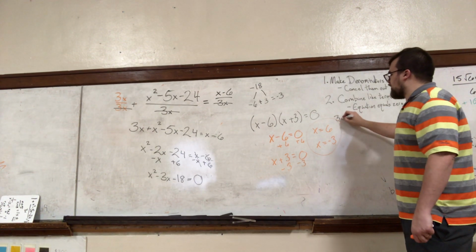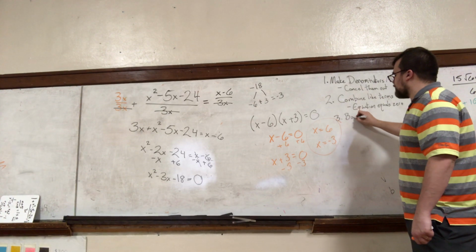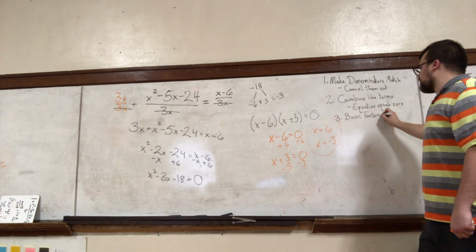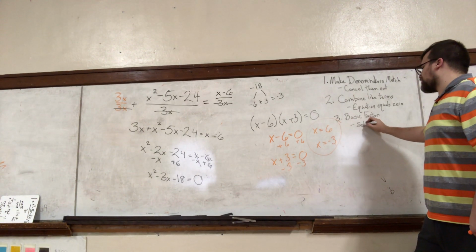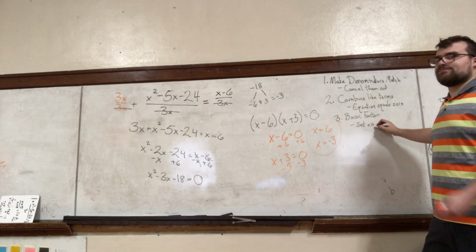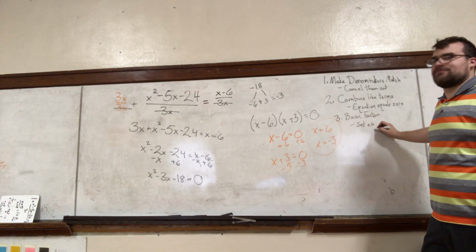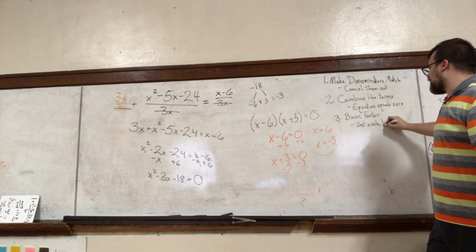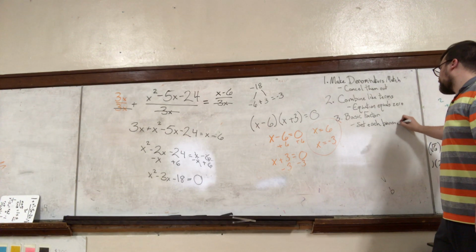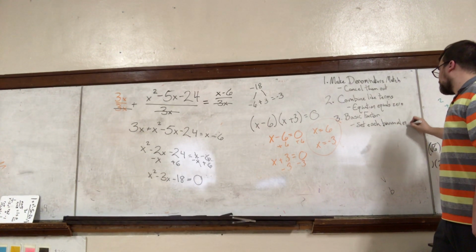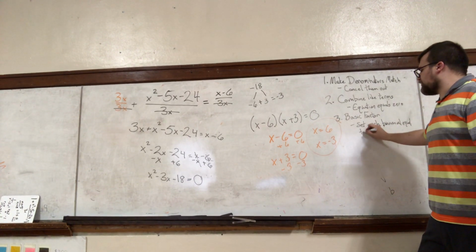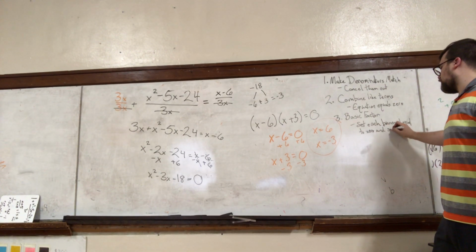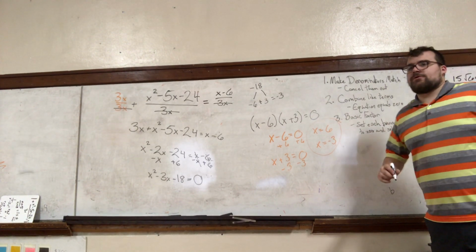And then our third step is basic factor, and as part of that, you set each binomial equal to 0 and solve.